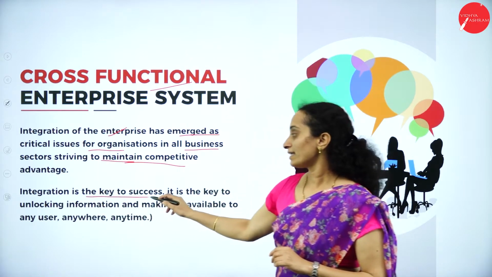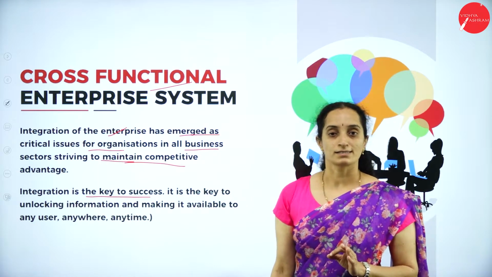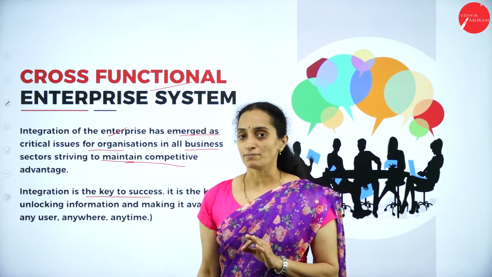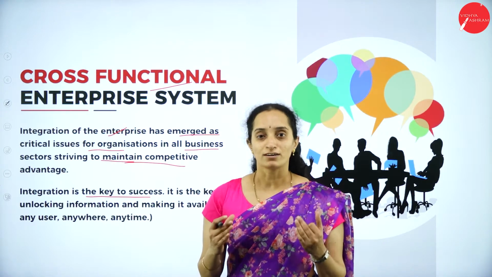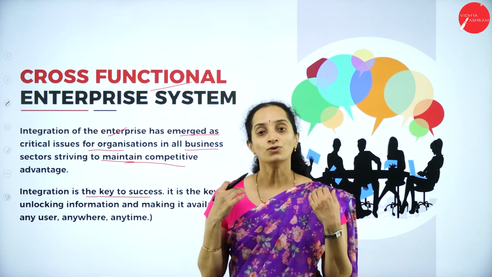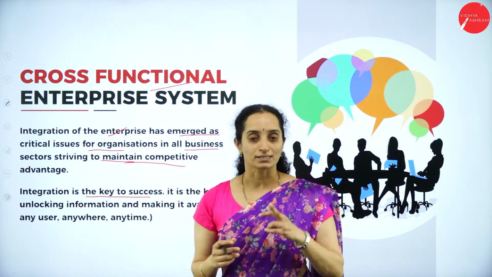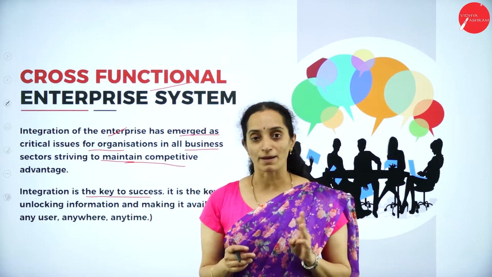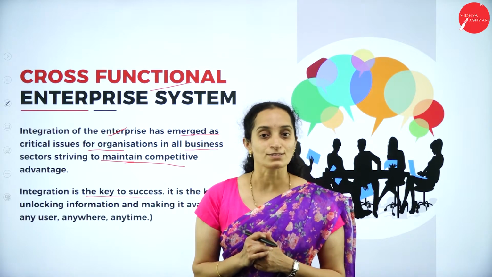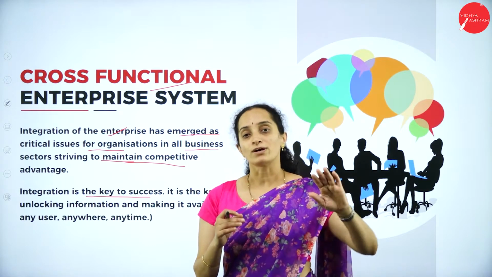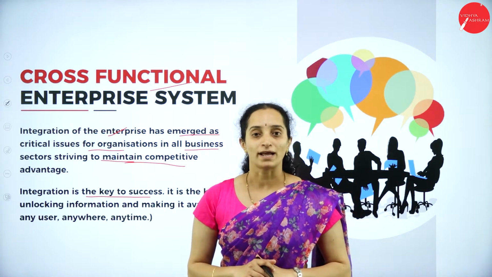Okay, integration is the key to success. When you have more than one branch for your enterprise, you need to make them work together. You need to integrate these branches. Suppose you have 2 or 3 branches of your organization, you need to integrate these things. Otherwise, what happens? We don't know what is happening in those 2 branches.